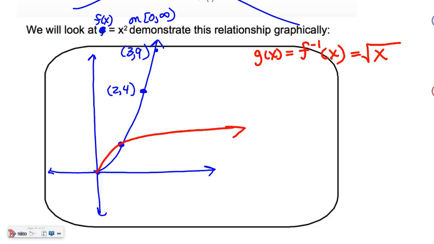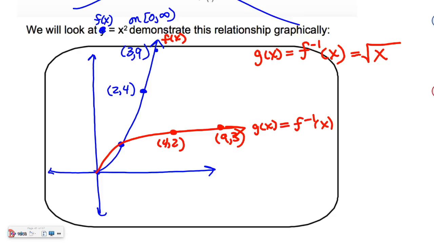Let's put the corresponding points on it also. If 2, 4 is on F, 4, 2 is on G, or F inverse. If 3, 9 is on F, then 9, 3 is on F inverse. So there you go. This is the function f of x. This is the function g, which is really F inverse.